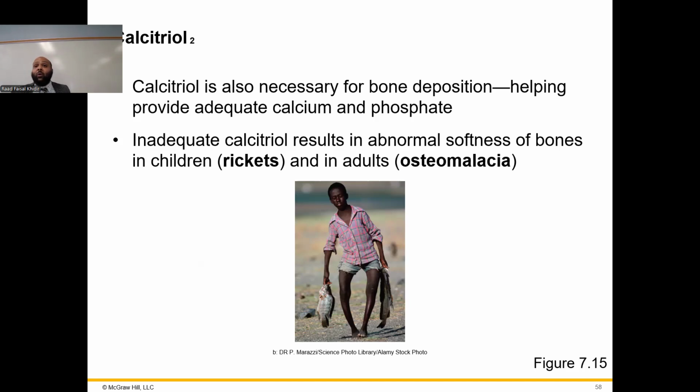But you could be old enough, and due to some problem with calcium homeostasis, you have soft bones. So now that's osteomalacia. And both are treatable, by the way. Both are treatable. It's not the end of the world. You can treat rickets. You can treat osteomalacia. You give them vitamin D, it helps a lot, and improving calcium homeostasis is going to improve a lot of the quality.